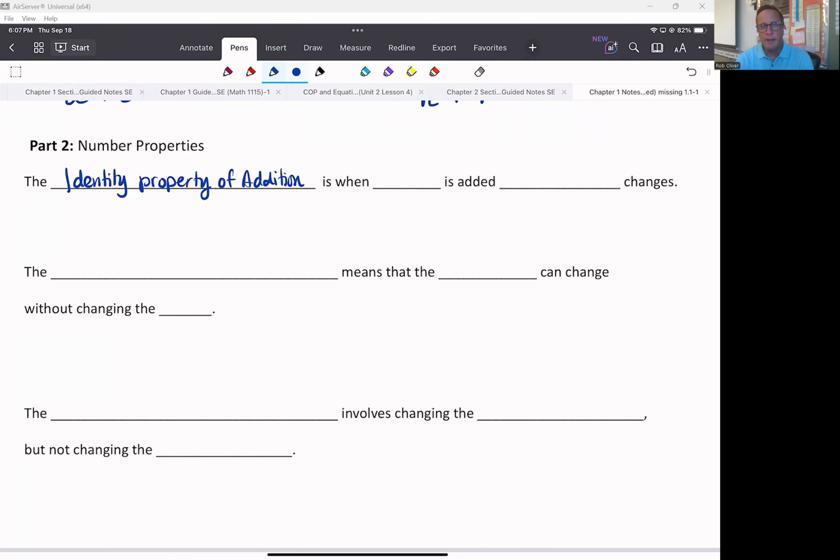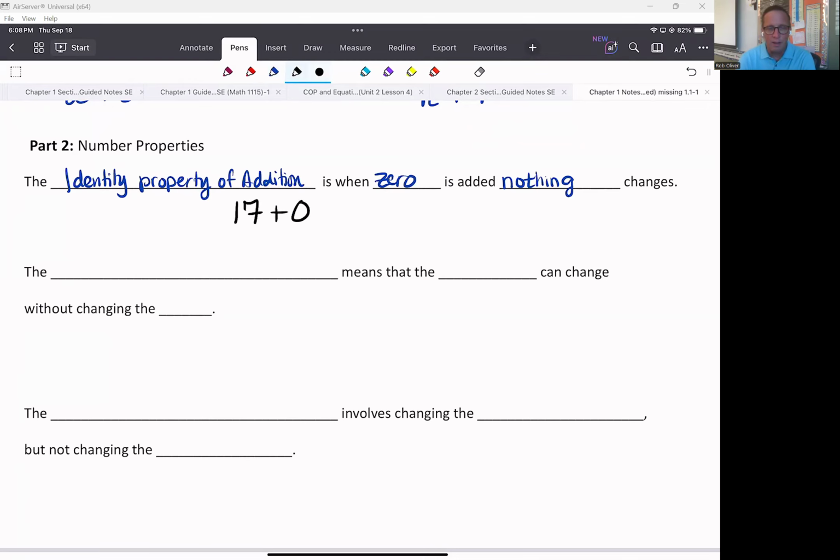For the identity property of addition, when 0 is added, nothing changes. Kind of a simple property. When you really think about it, there's nothing really to it, but that's what we're basically saying.